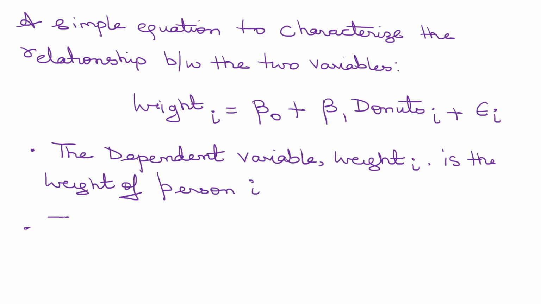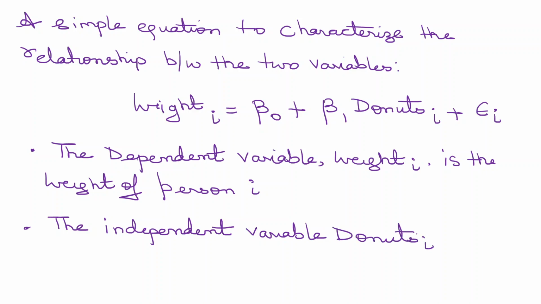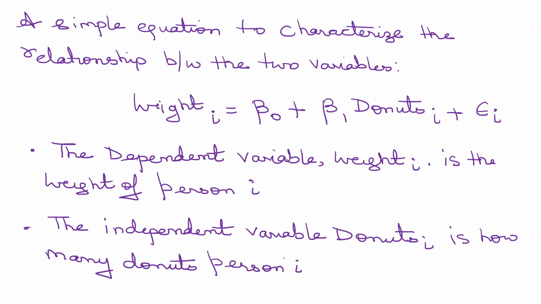The independent variable, donuts i, is how many donuts person i eats per week. Okay, so this is clear.